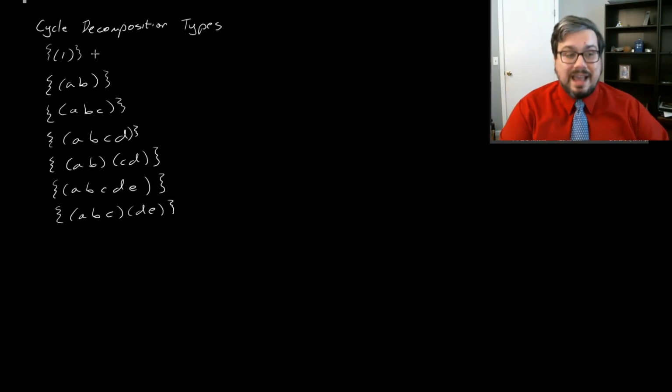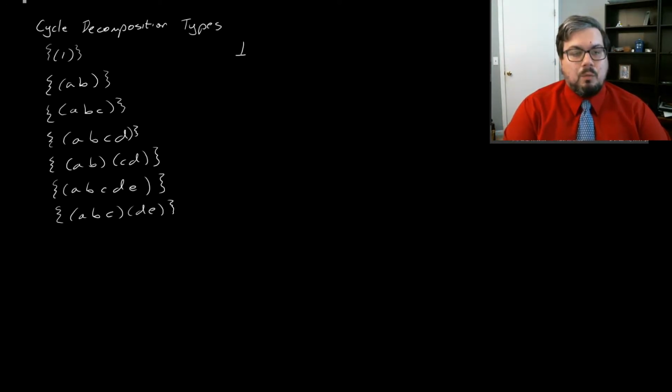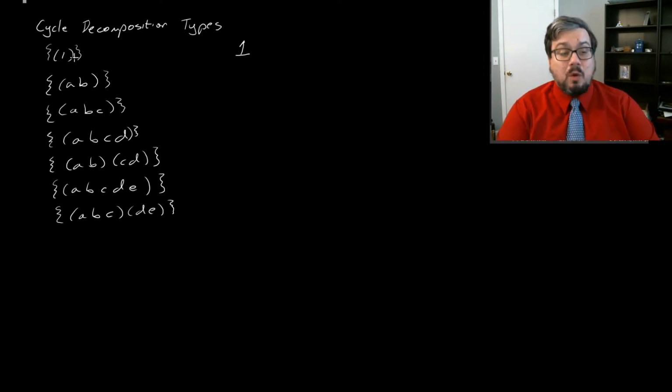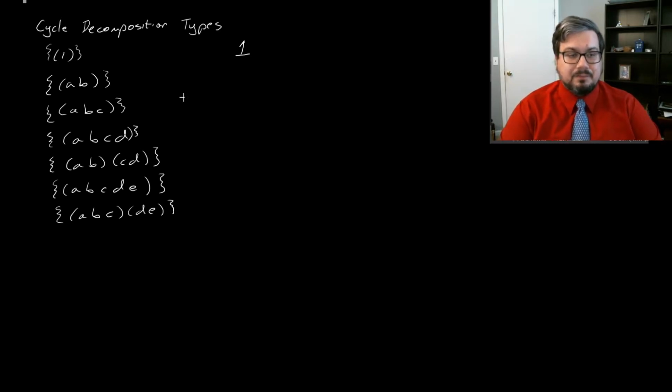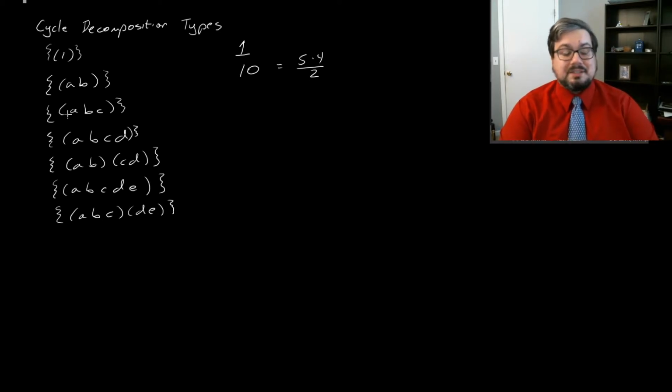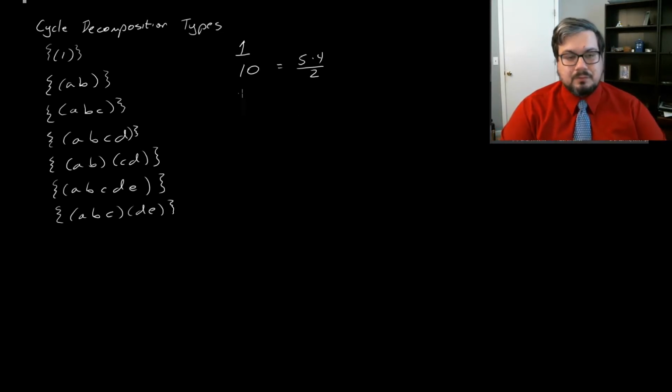And we can actually count how many of these there are. There is only one identity permutation. There are 10 transpositions. So that's 5 times 4 divided by 2, because there are 5 options for A, 4 for B, but then either A or B could start it, and it would be the same transposition.